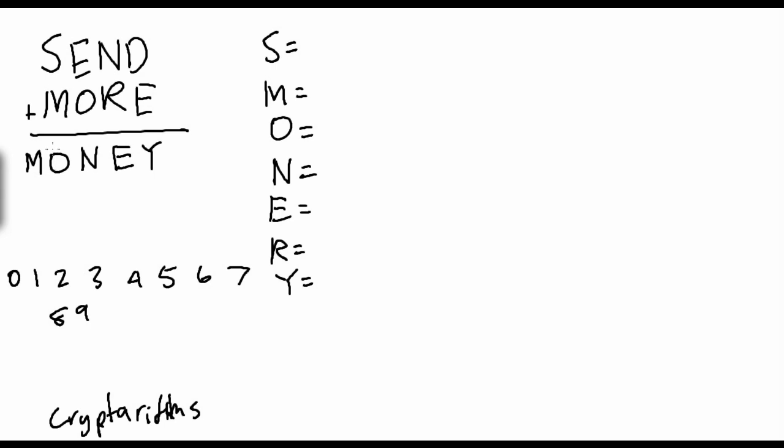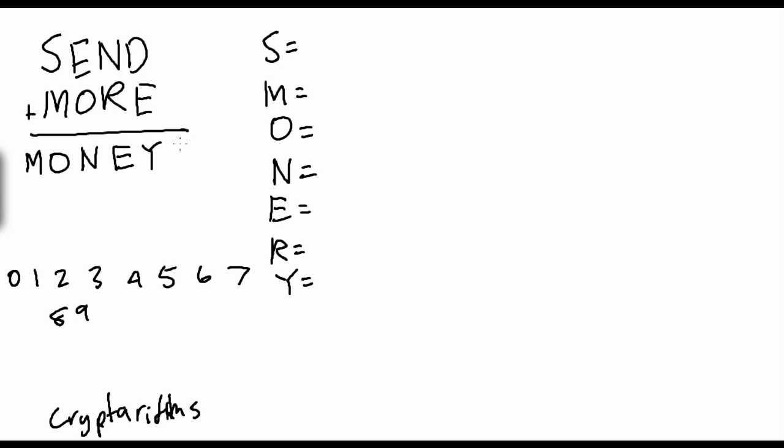So it has to be 10 or greater. But it can't be 20 or more, because two one-digit numbers can't add up to 20, or even 19, which is 10 plus 9. It has to be from 10 to 18.